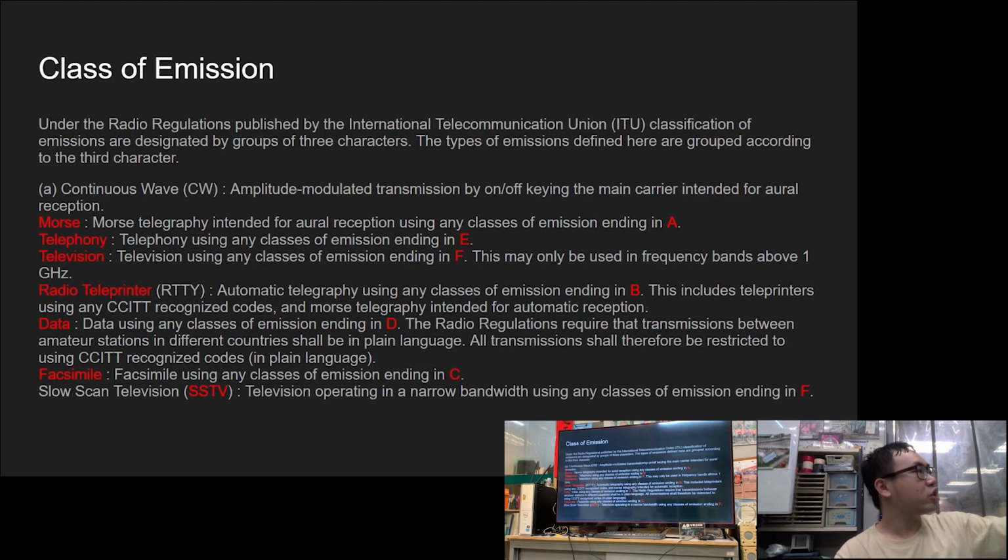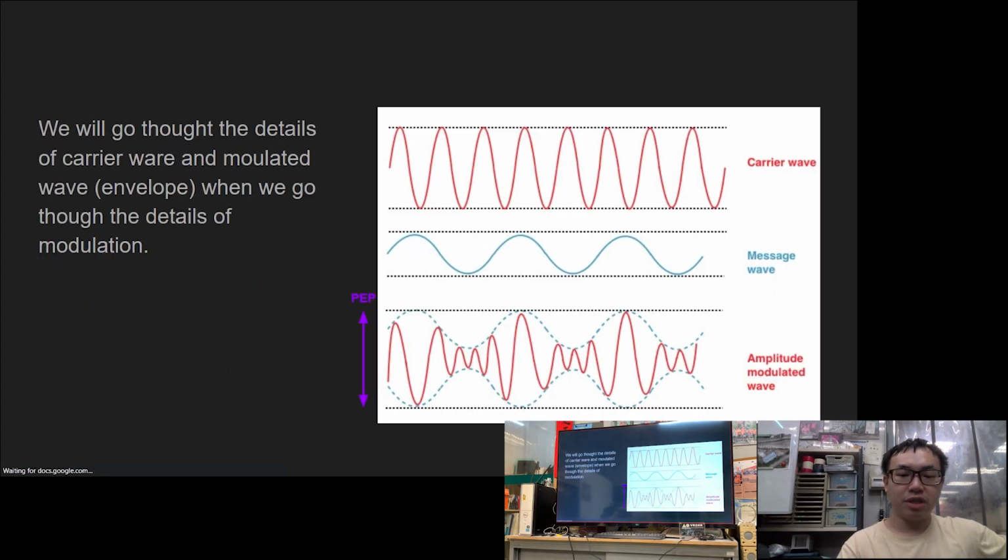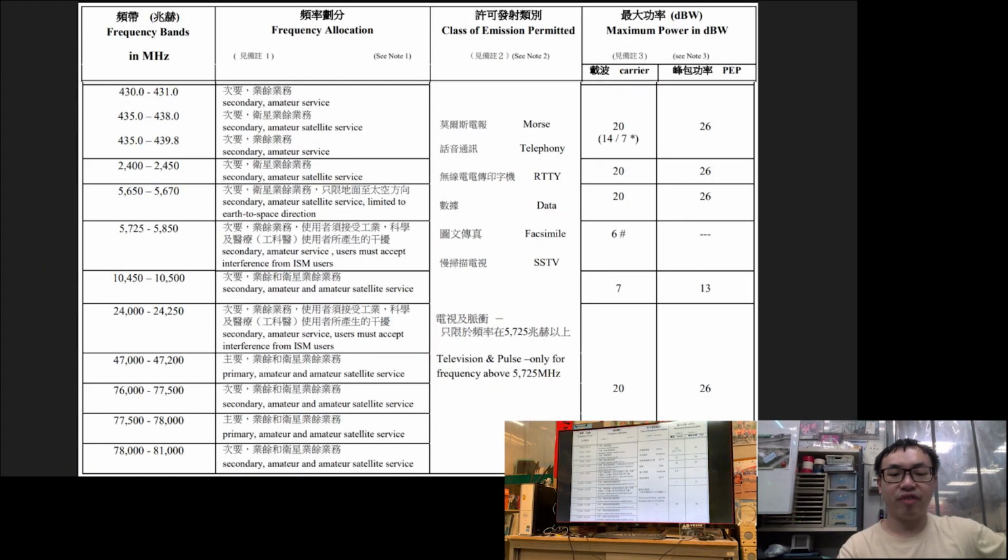And television in F. You have to note that the ITU recommendation is not exactly the same as what OFCA allowed. ITU recommended that for all television you have to transmit above 1 gigahertz, but OFCA limited you to use it above 5725 megahertz.